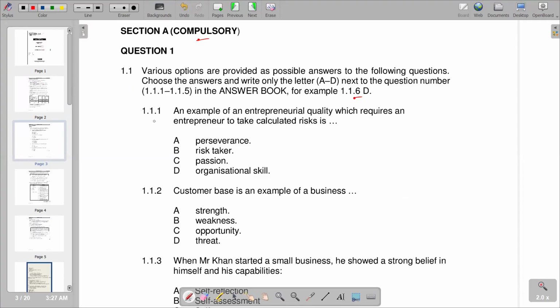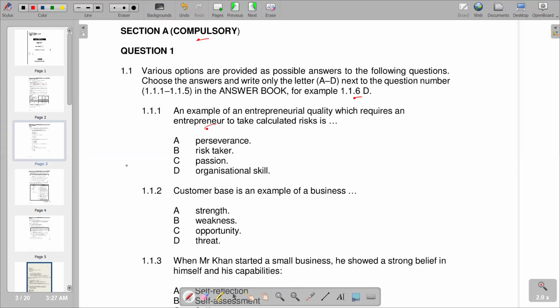Then our first part is saying: an example of an entrepreneurial quality which requires an entrepreneur to take calculated risk is. But we know that an entrepreneur is someone who is starting his or her own business from scratch. Well, we are saying it's being run by one person.